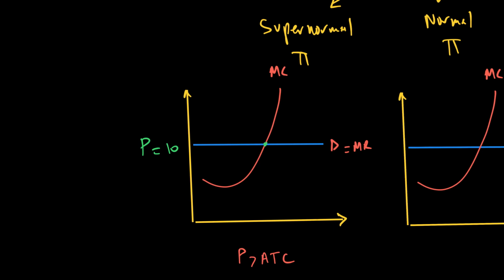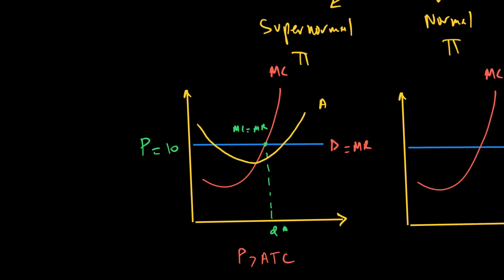So my quantity where I'm maximizing profits is Q star. Why? Because we just discussed this, that's where MC equals MR. Now, when I draw my ATC, it's going to be falling first and then rising as soon as it meets the MC.